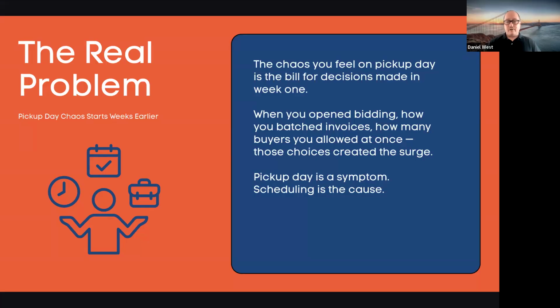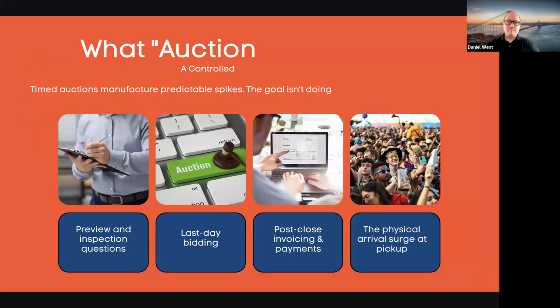If we just put a little bit of thought and planning in ahead of time, then it would be much easier to maintain a smooth flow all the way through to the very end. And so the main point from the slide, as you can see, is that scheduling, or the lack of scheduling, is the cause of most of the chaos. So, we're going to just jump right into it now.